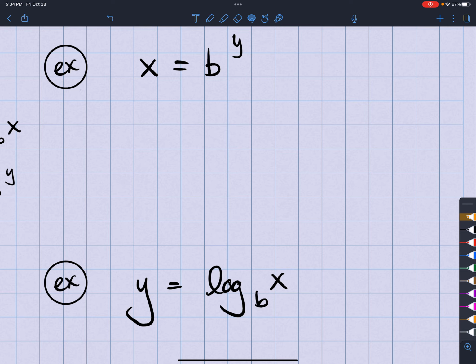Now I can put 2 to the x back in here. So now I have 2 to the x is equal to 4, and 2 to the x is equal to -3, okay? For the one on the left, 2 to what power gives me 4?